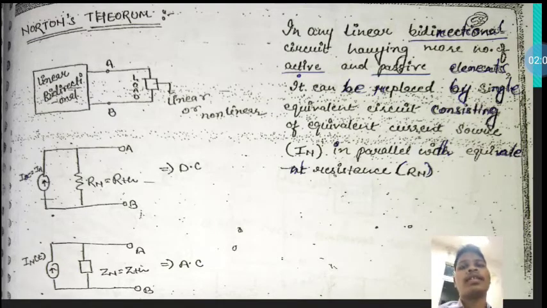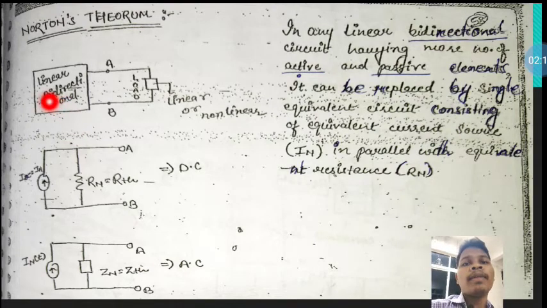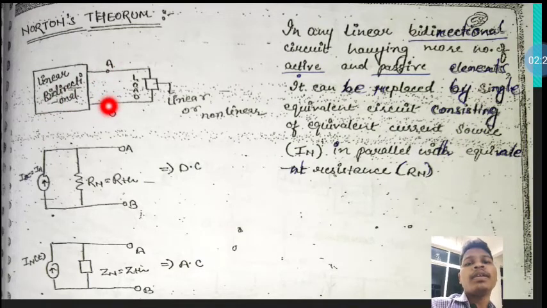So this is a linear bidirectional network with active and passive elements connected. Across A and B we need to calculate the Norton current and the Norton resistance. This is the load, which may be linear or non-linear, whatever it may be.